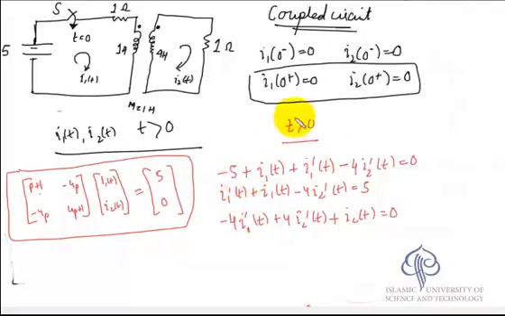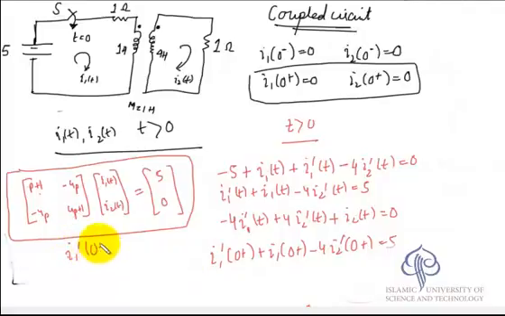If you substitute at 0 plus for the first equation, you can write I1 dash 0 plus, I1 0 plus, minus 4 I2 dash 0 plus is equal to 5. So you know I1 0 plus is 0. So you can write I1 dash 0 plus minus 4 I2 dash 0 plus is equal to 5.